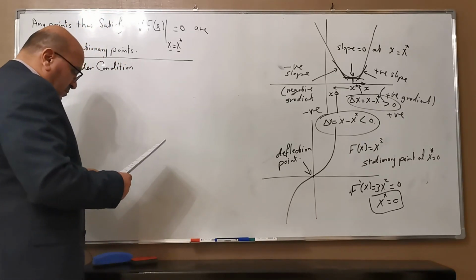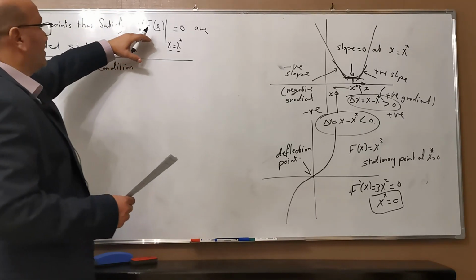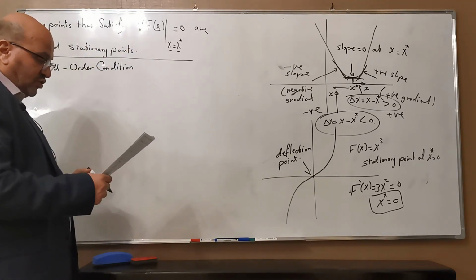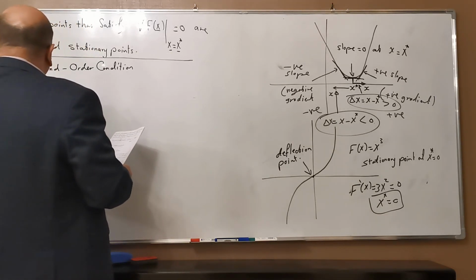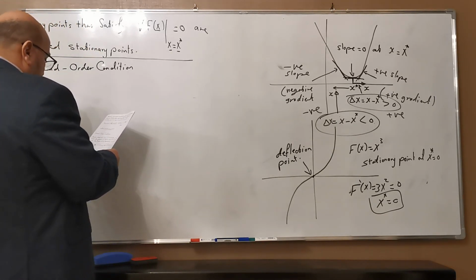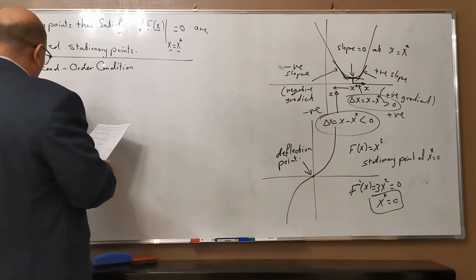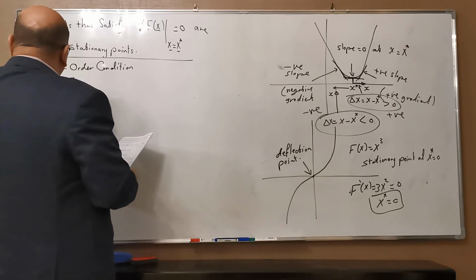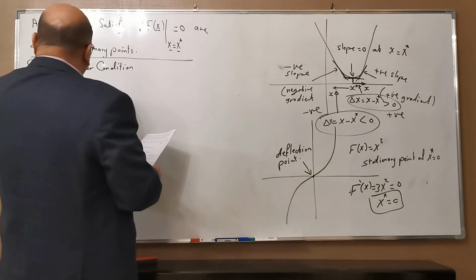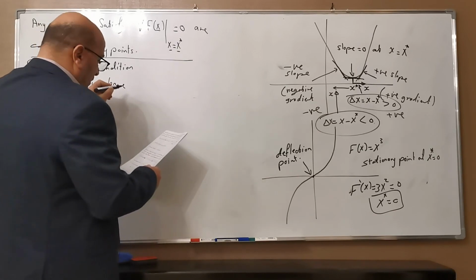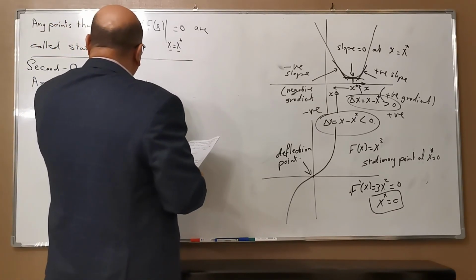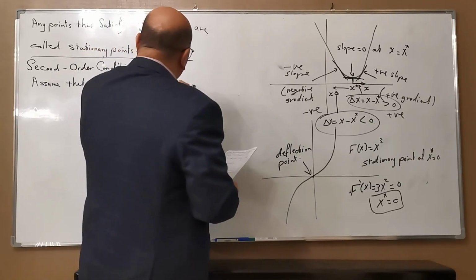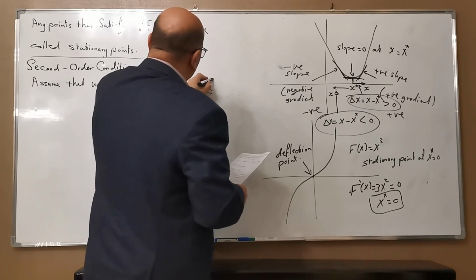So we discussed here the gradient. For the second order conditions, we will go for the Hessian matrix. So we go further in the Taylor series expansion once again, and we will assume that we have a stationary point x star.